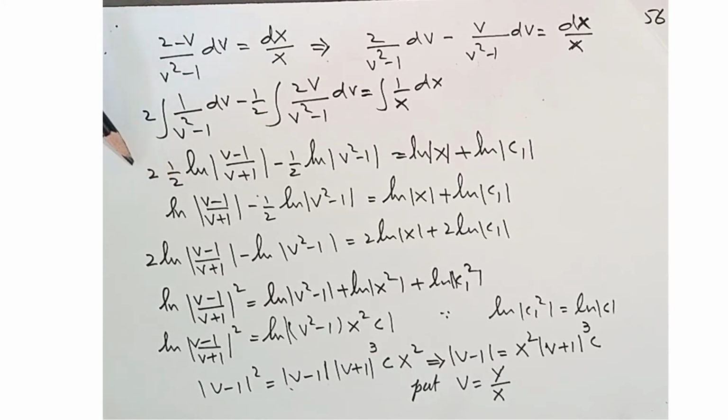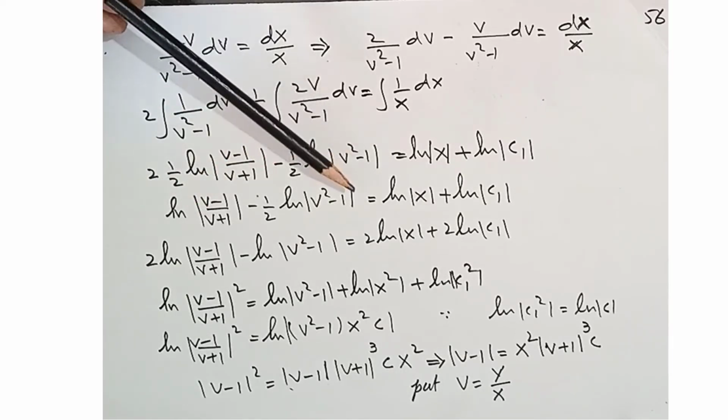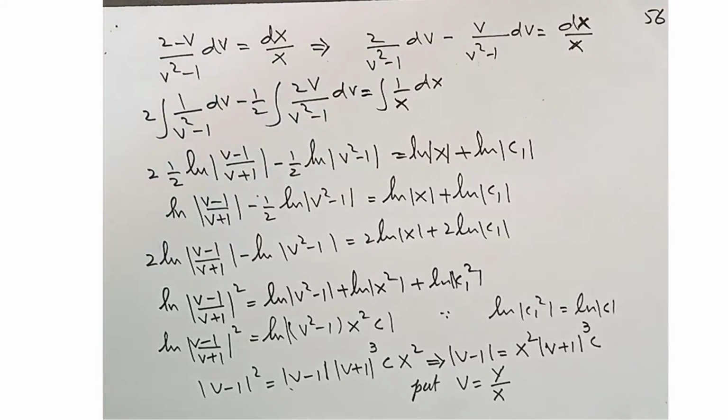So we have log of v minus 1 by v plus 1, and this minus 1 by 2 log of v square minus 1 is equal to log x plus log c1. Now we multiply this equation by 2.